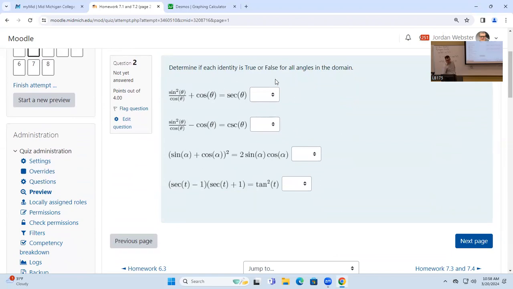This is again true, false. So we could ask the question that way. You could say, for instance, is cosine squared minus 1 over tangent equal to negative sine times cosine? Something like that.